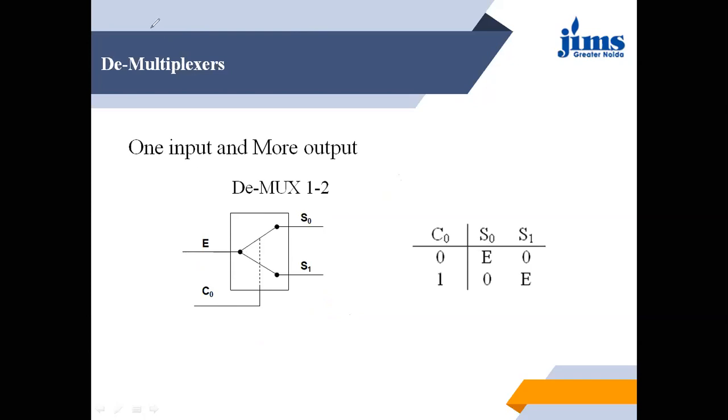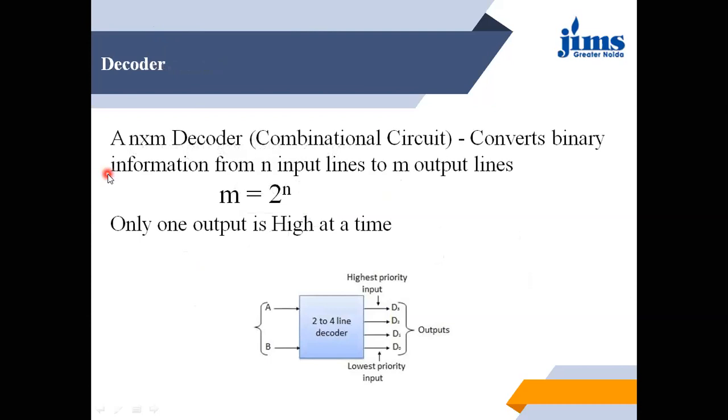Now we will discuss the decoder and encoder. We discussed that in multiplexers there is only one output and in demultiplexers only one input. But it can be the case that at a time there are more than one input and more than one output.